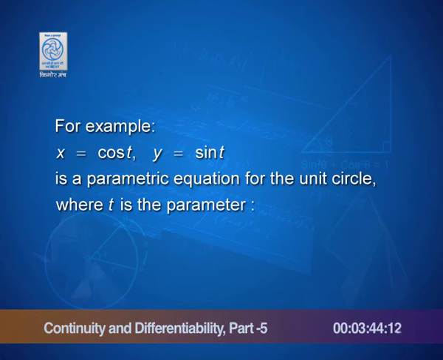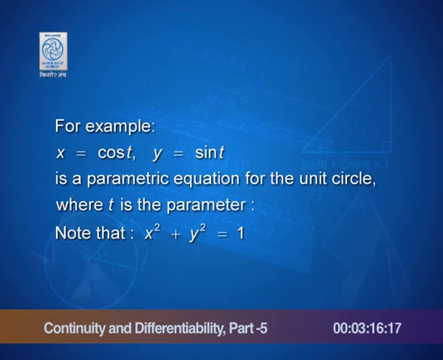In this case, for example, if I have x as cos t, y is equal to sin t, this represents nothing but the parametric equation of a circle with radius 1. You don't believe that? Well, it is so. You are familiar definitely with x square plus y square equal to 1 as the Cartesian equation of a circle with unit radius.